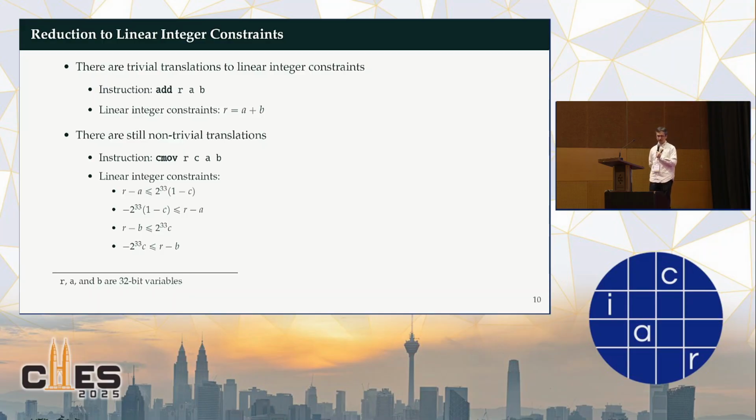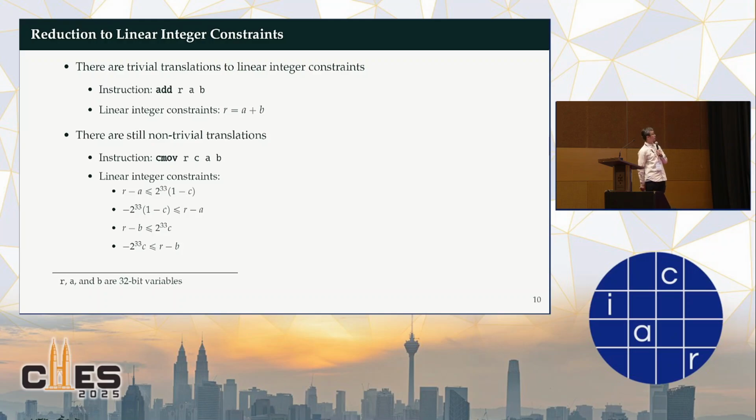Otherwise, it assigns B to R. And we translate this instruction to 4 linear constraints, which bound the ranges of R minus A and R minus B, depending on the value of the condition C.